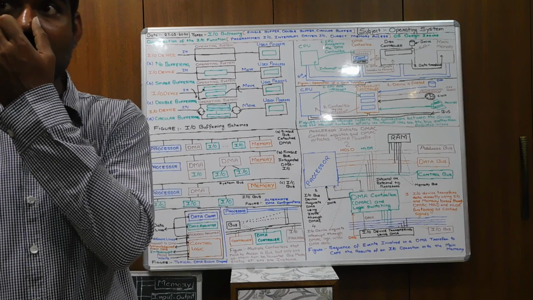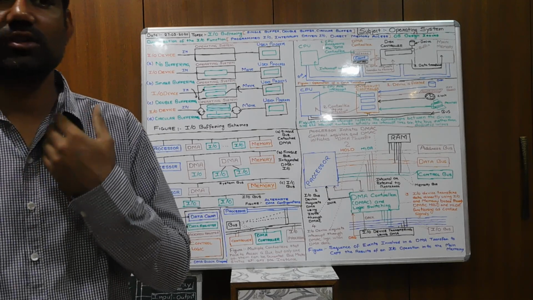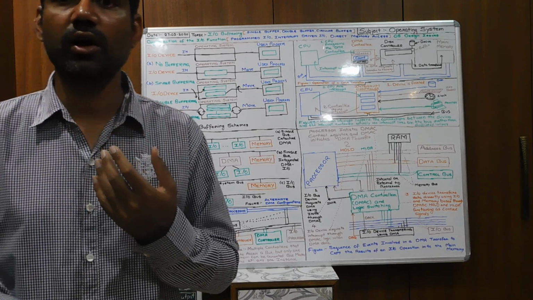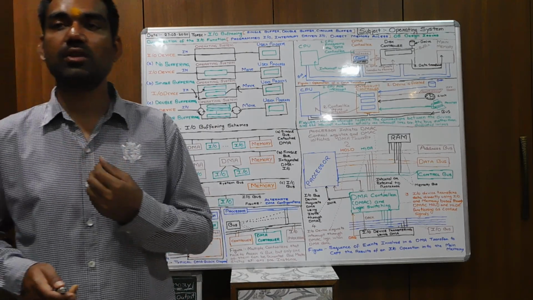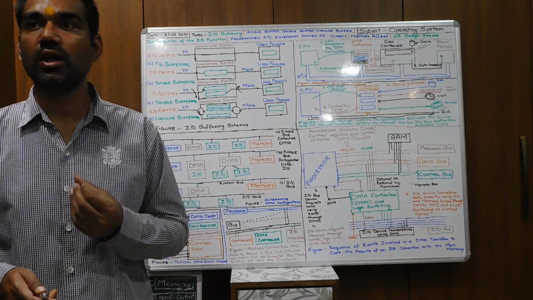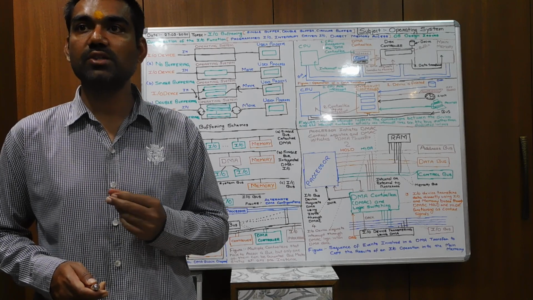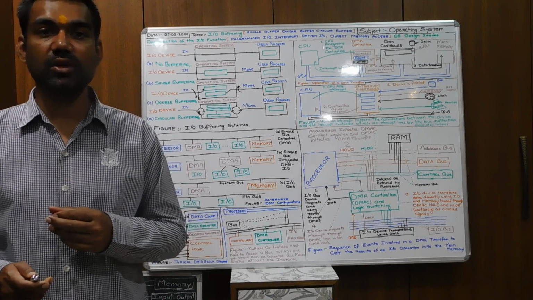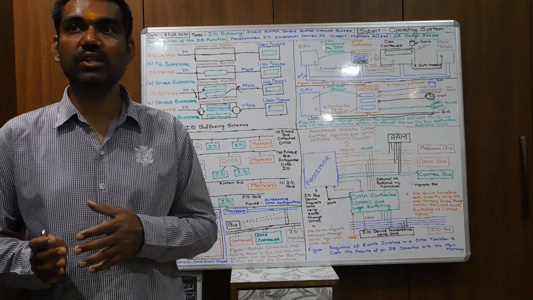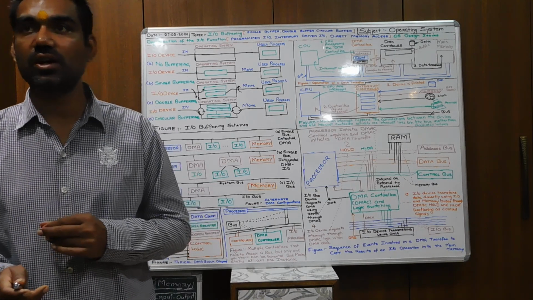There are three bus arbitration methods: the daisy chain method, the independent bus request and grant method, and the polling method. All these methods are there for bus arbitration.